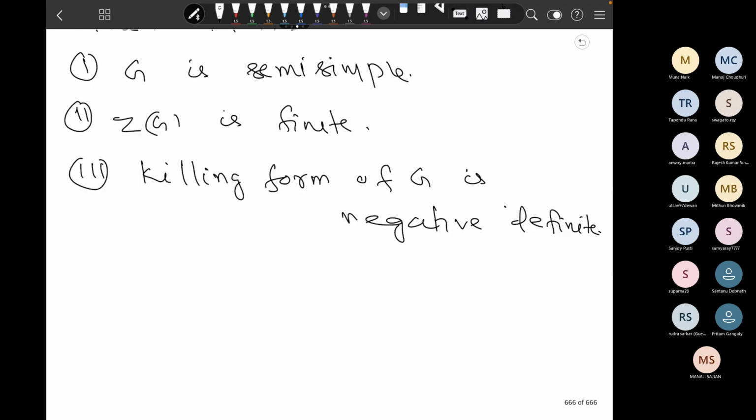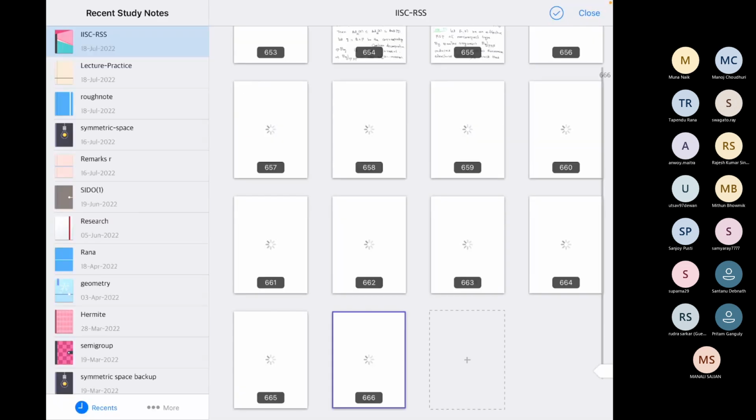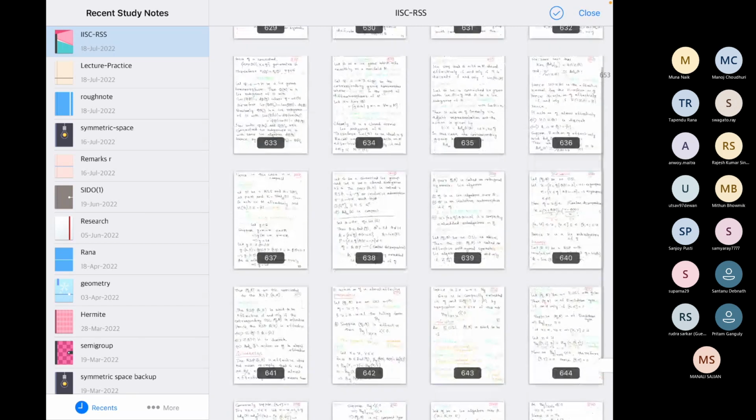I have shown the equivalence of 2 and 3. I have shown that if Z(G) is finite, then the Killing form of G is negative definite. And I have proved that if the Killing form of G is negative definite, then G is semi-simple. It was on page 632 or something.